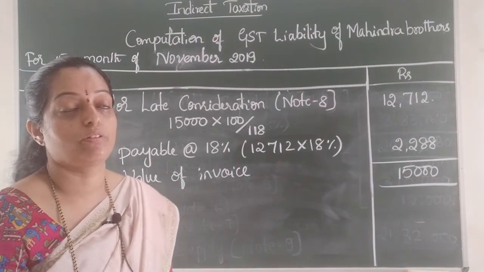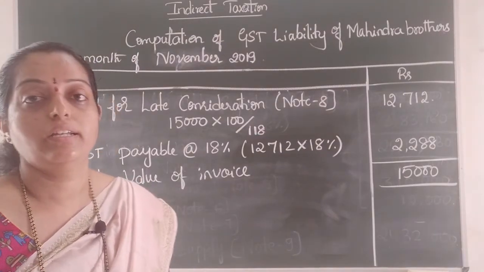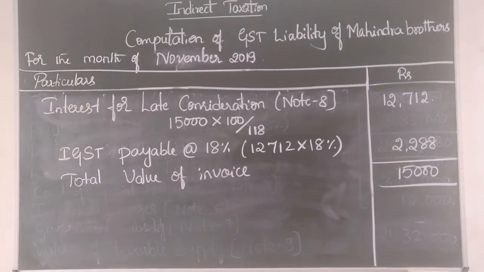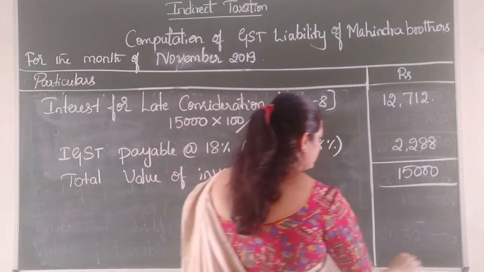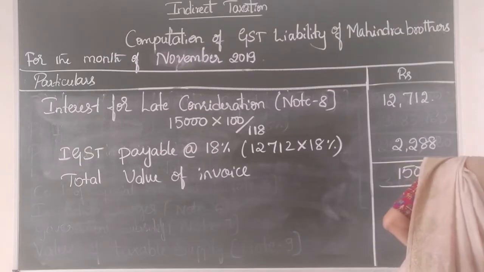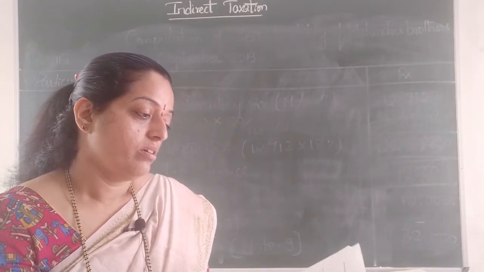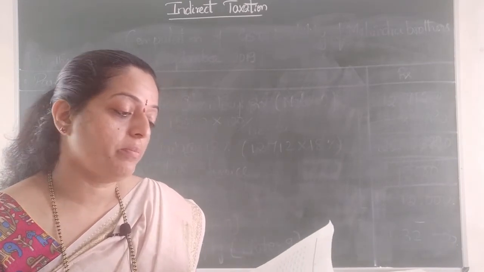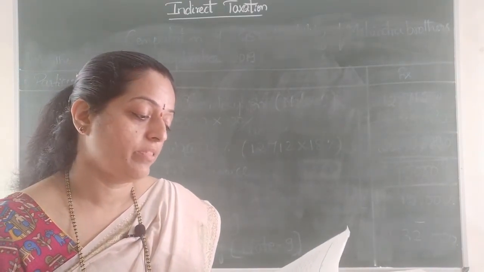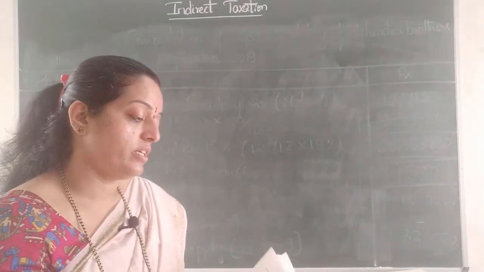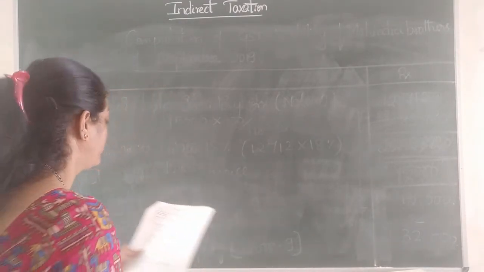This is in the month of November 2019, that is the tax liability of Mahindra Brothers. In the same problem, they asked you to find out the due date of deposit. So, due date of deposit is calculated as follows.